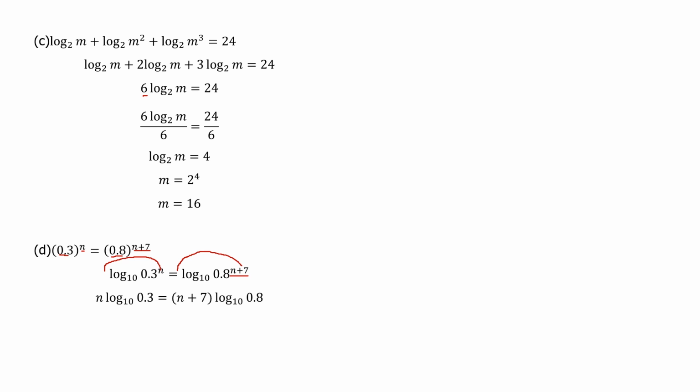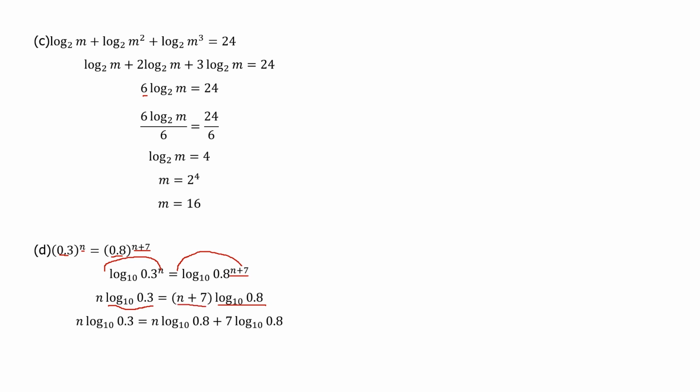The whole of this power is going to somersault to there, to have n times log of 0.3 base 10 is equal to n plus 7 into log of 0.8 base 10. I can get this on my calculator and substitute, but before I do that, I'm going to first simplify. That is opening this bracket.